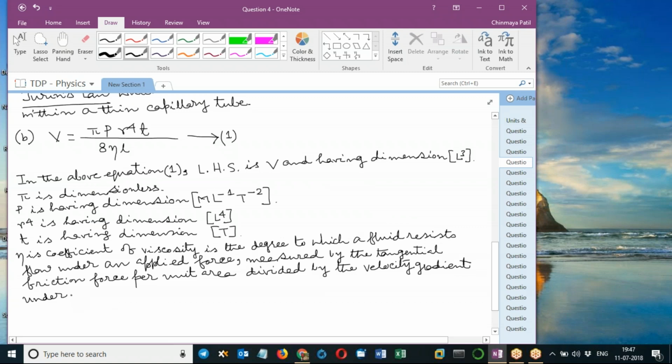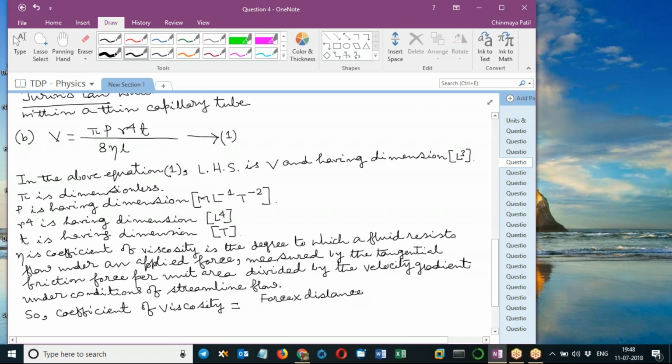Under conditions of streamline flow. So what we can write is that coefficient of viscosity is equal to force into distance divided by area into velocity.